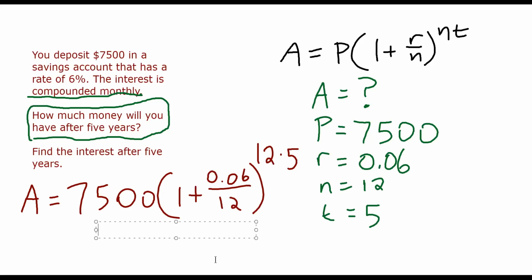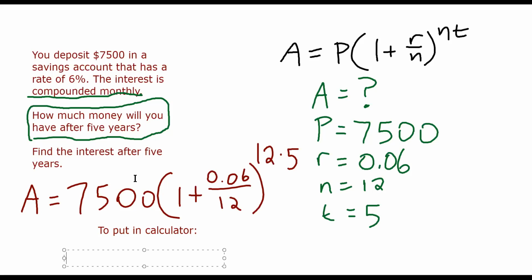Now let's talk about what you're going to put in your calculator. If you have the scientific calculator or if you have the graphing calculator, both of which can let you do parentheses and all that, here's what you can put. 7,500, open a parentheses, do 1 plus. I would open a second parentheses to do the 0.06 over 12 calculation, so it knows to do that. You close the parentheses for this part.